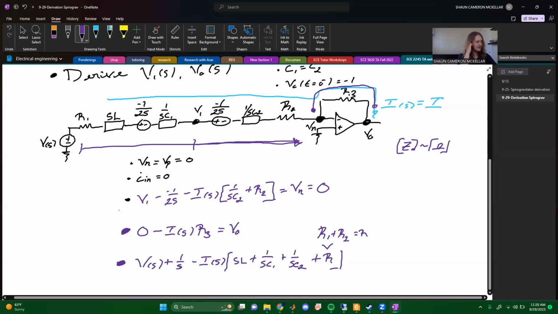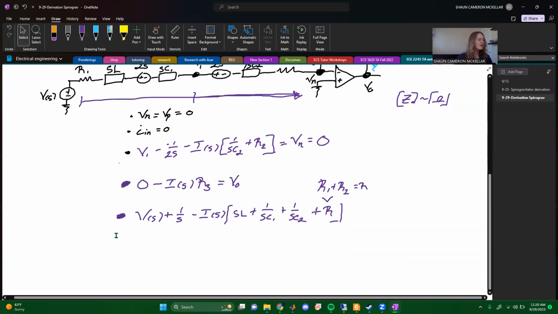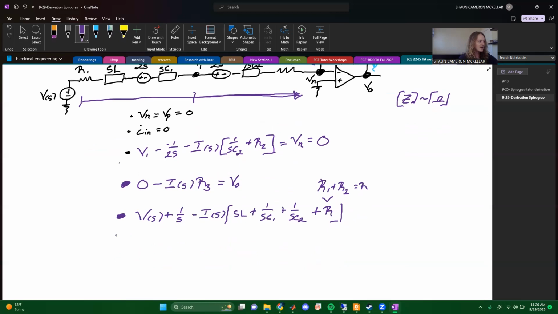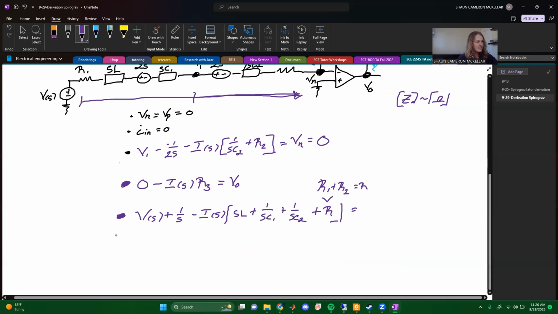So that's my new equation here, and let's see where this can get us. Okay, so this is all equal to Vn. That's where I stopped my KVL, and that's equal to 0 volts.